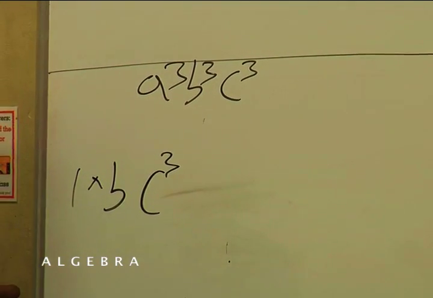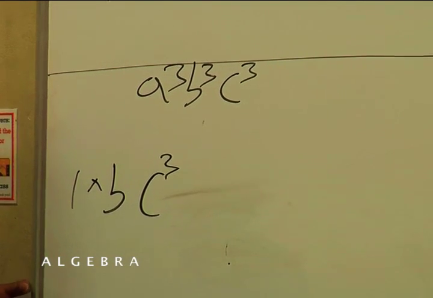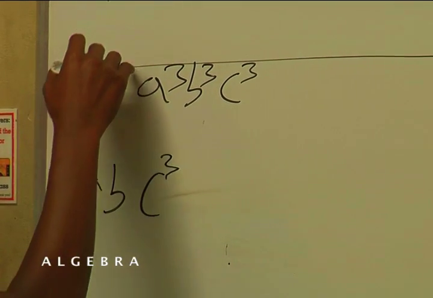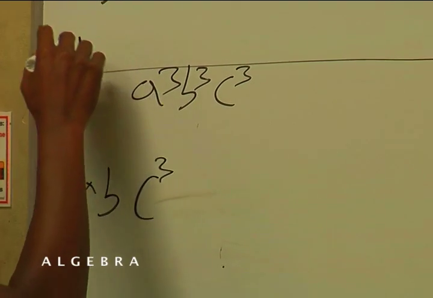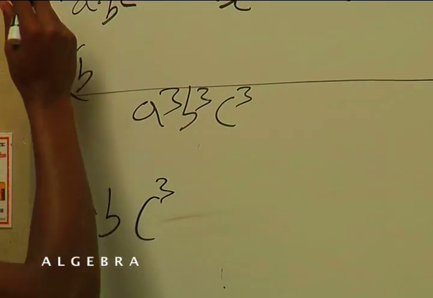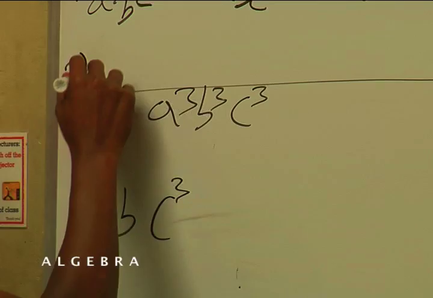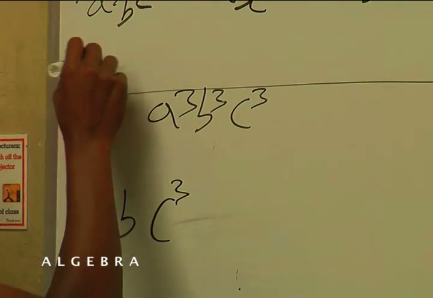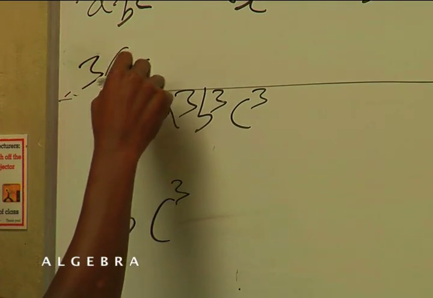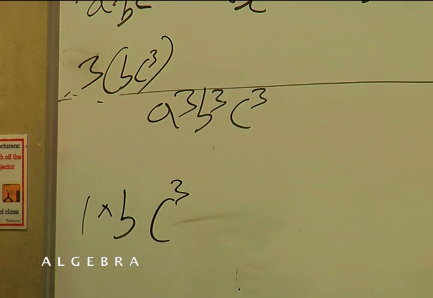See that? So this equals 3 bracket B C cube. Just turn it around because the way in which you multiply doesn't affect the result.